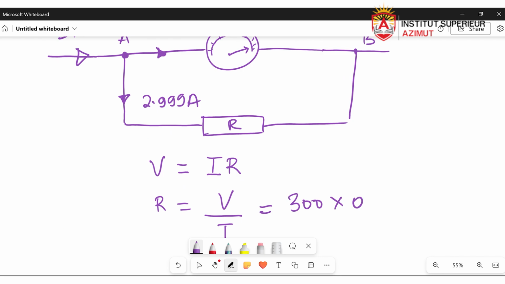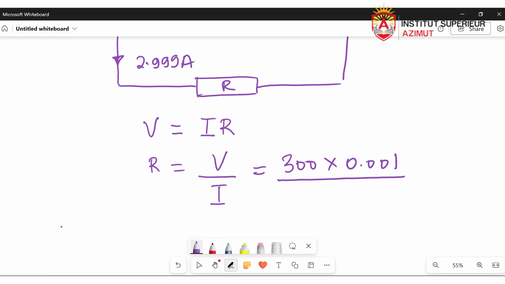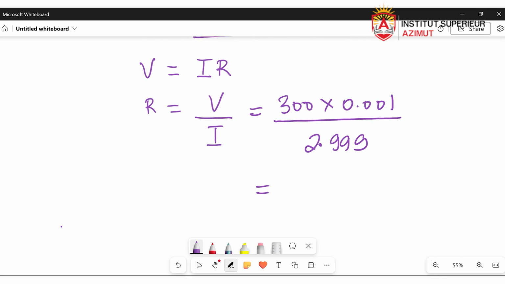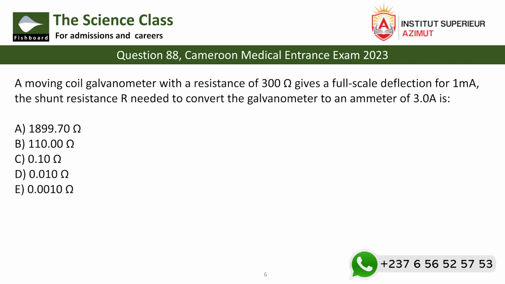So V is going to be given by 300 times 0.001, and then the I here is the I that is flowing through the resistor, which is going to be 2.999. So all you need to do is compute that. So we have 0.100 ohm. So the answer is C.